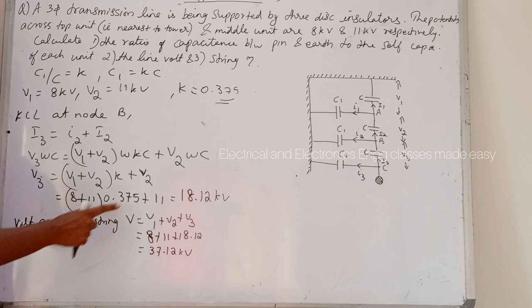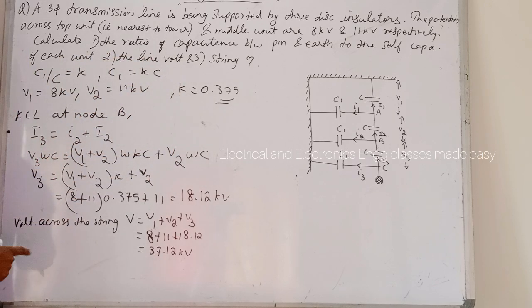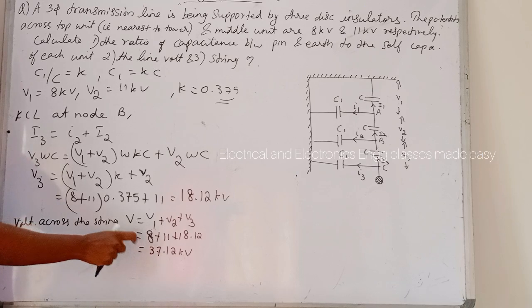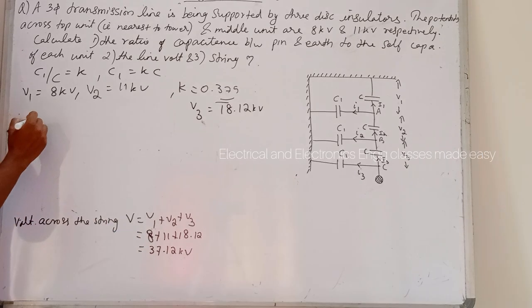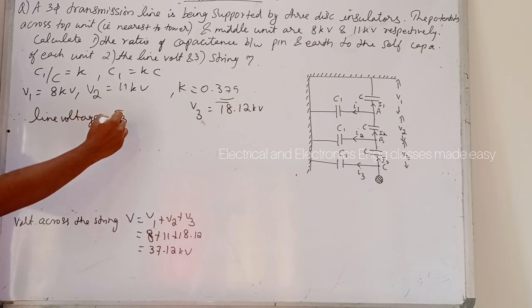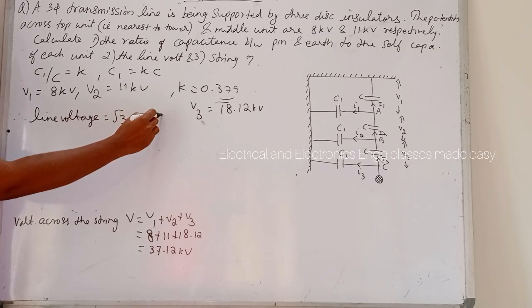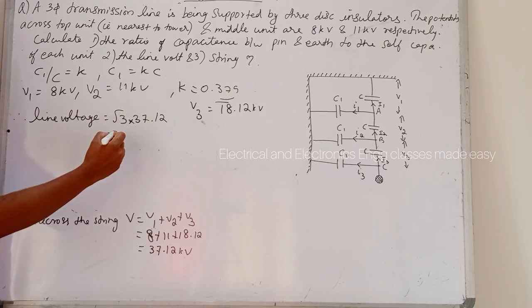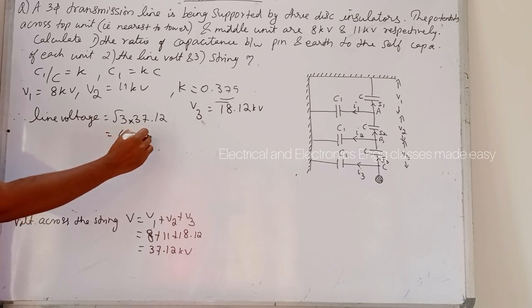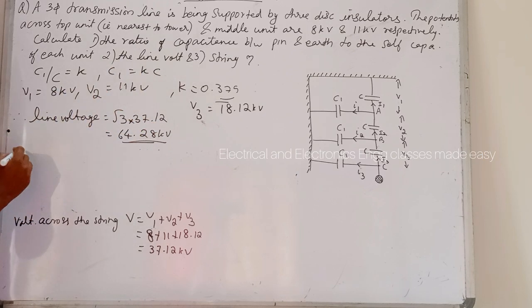So this is the voltage across the string, and we have to find the line voltage. So what is line voltage? Line voltage is root 3 times the phase voltage. Therefore the line voltage is equal to root 3 times 37.12 kilovolt, and we will get 64.28 kilovolt.